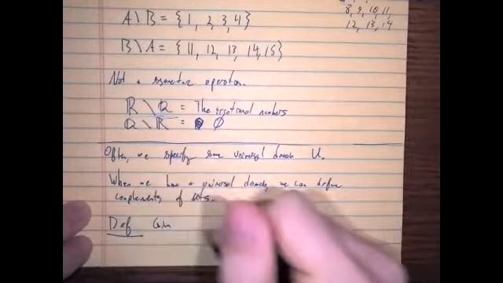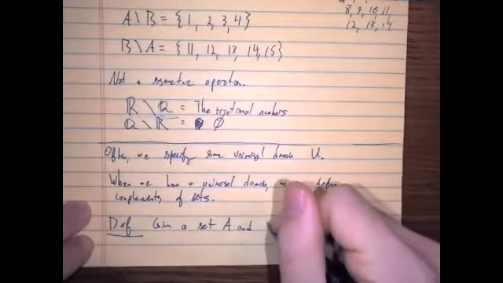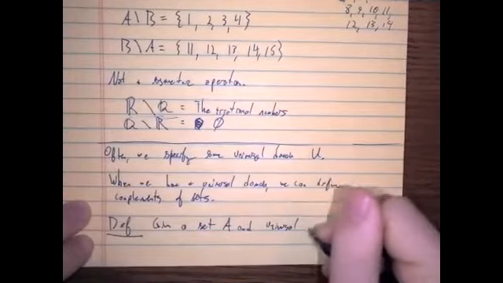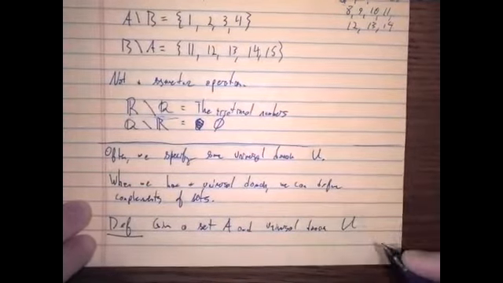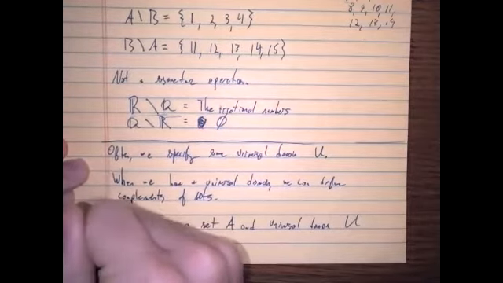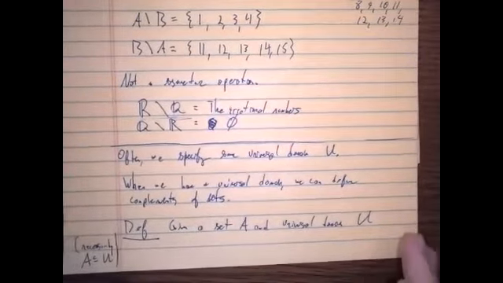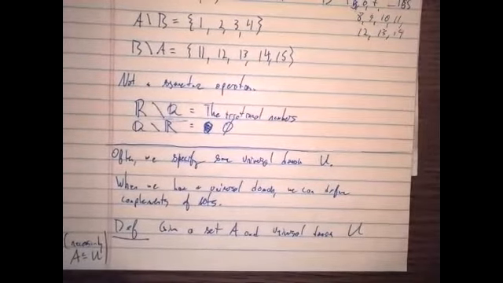Given a set A and universal domain U, necessarily A is a subset of U, otherwise U cannot be used as a universal domain. It doesn't need to be numbers, right? Our sets can be more general than numbers, but it's a domain such that all of the sets that you're considering are subsets of that universal set.